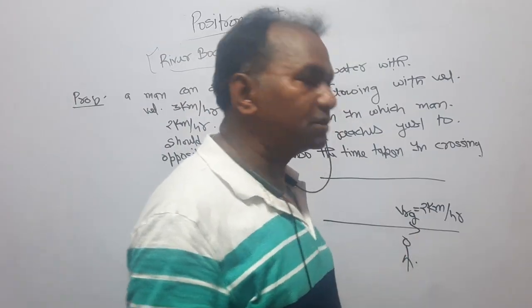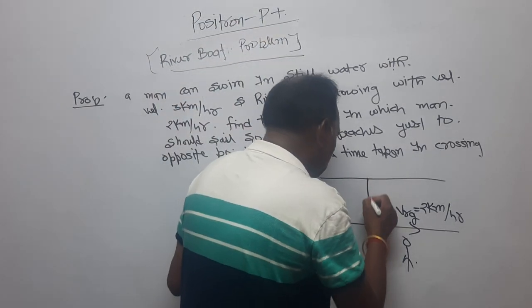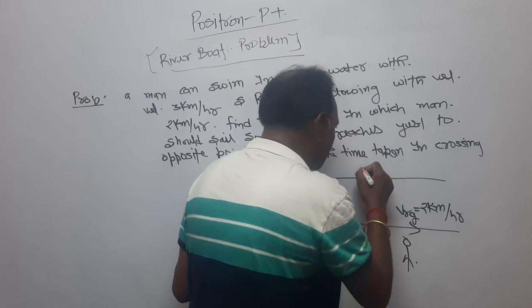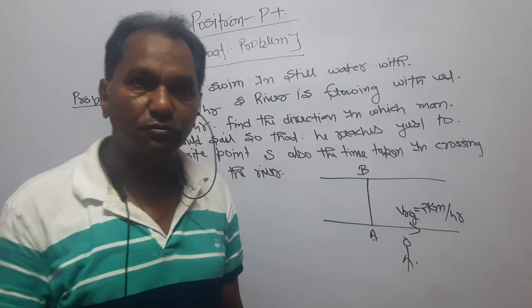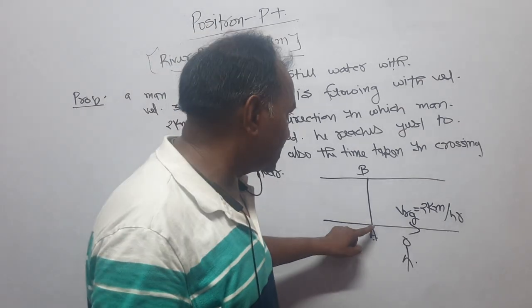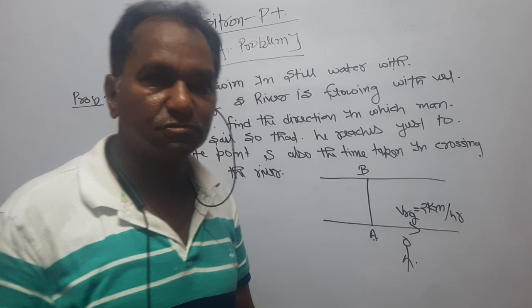So it is the velocity of the river with respect to ground. Now, the man wants to sail from A to B. B is directly opposite to A. He begins to swim from A and he has to reach B.